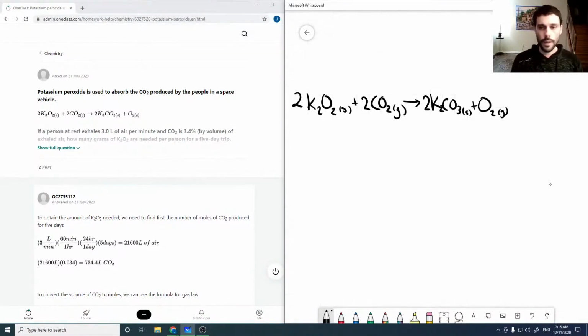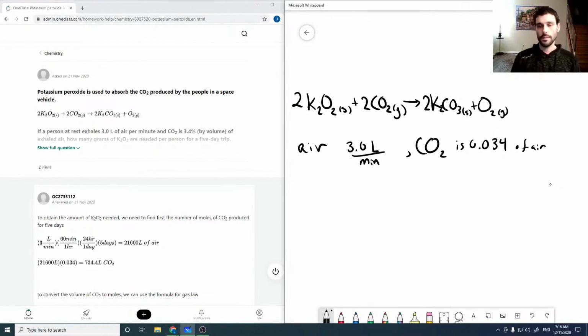Okay, so now the question is if we are creating air at a rate of 3 liters per minute, and our CO2 is 0.034 of air.